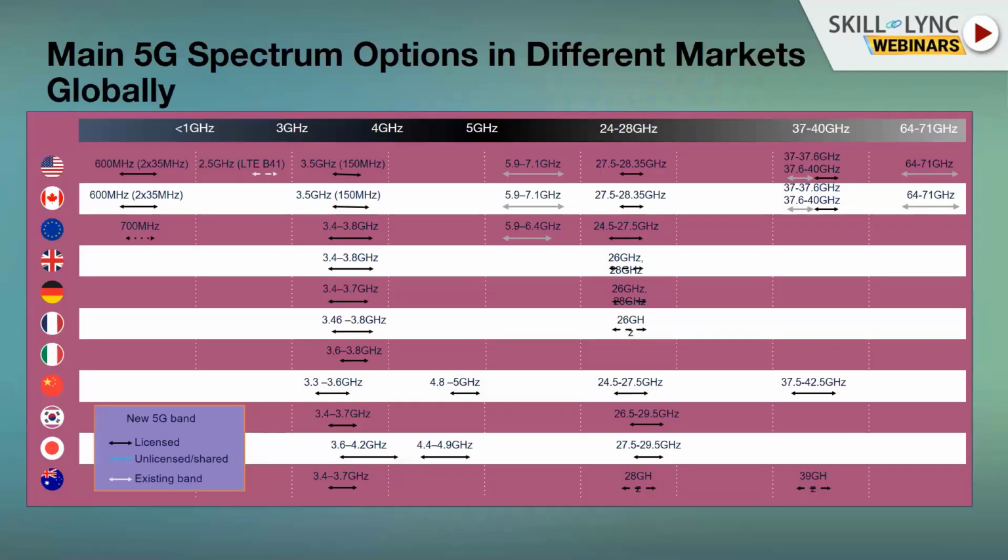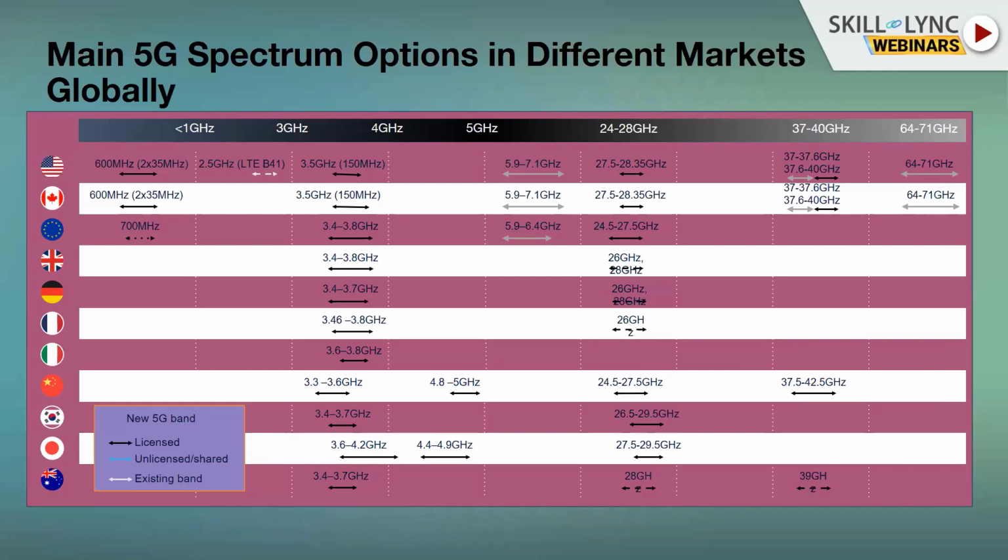Here we have the main 5G spectrum options in different markets globally. We have Great Britain, Canada, Europe, United States, Germany, Korea, and China, for example. So around the world, the bands given in this table have been allocated for 5G.